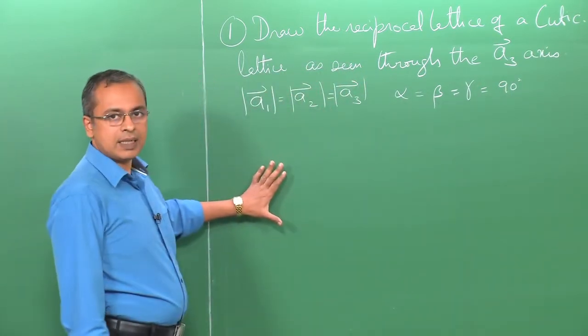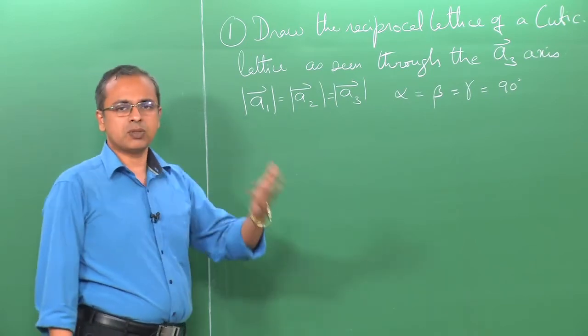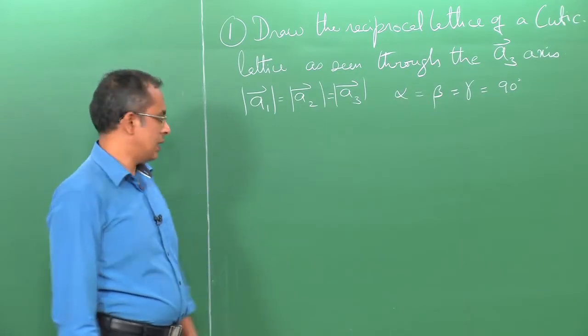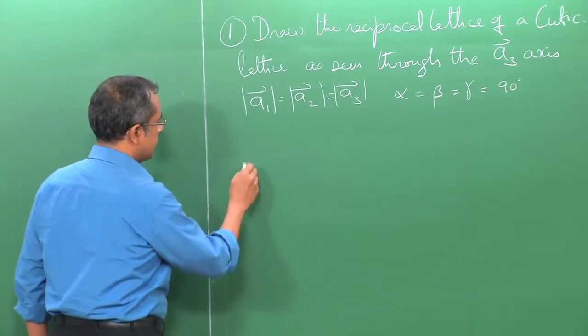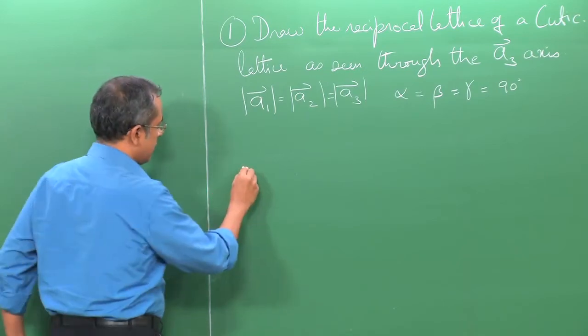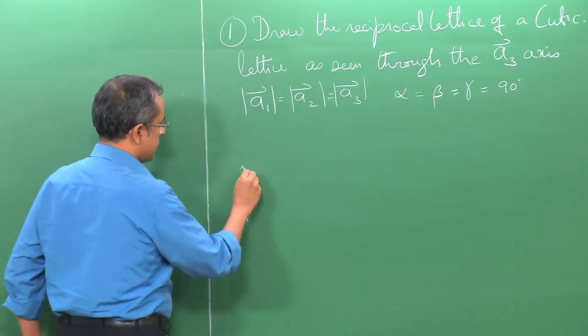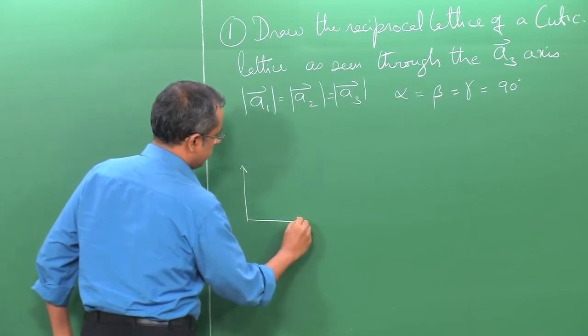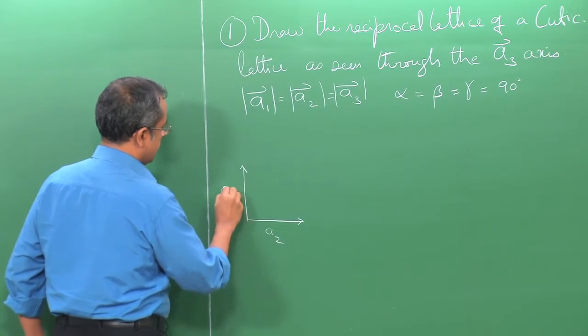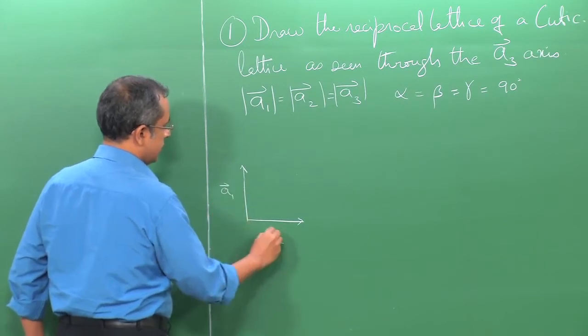So, we will draw the cubic lattice here, and we will make some assumptions on the dimensions of A1 and A2, and then on that basis we will come up with the reciprocal lattice. So, let us just draw the cubic lattice as seen. We will assume A3 is perpendicular to the plane of the board. So, we see A1 and we see A2. Okay.